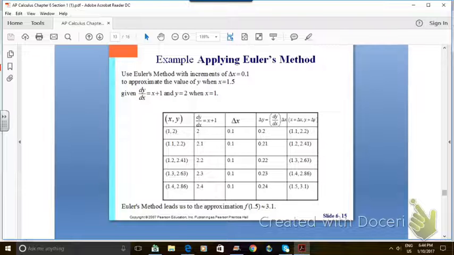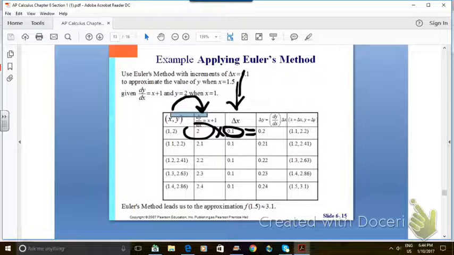So each time you're plugging the point into dy dx, that's this step, from here to here. Then the delta x is what they give you. There it is, 0.1. Then you're going to take dy dx, this column, times this column.